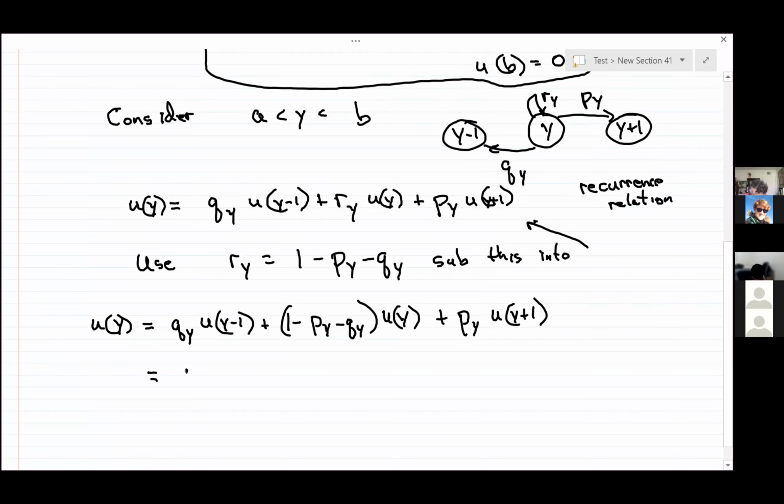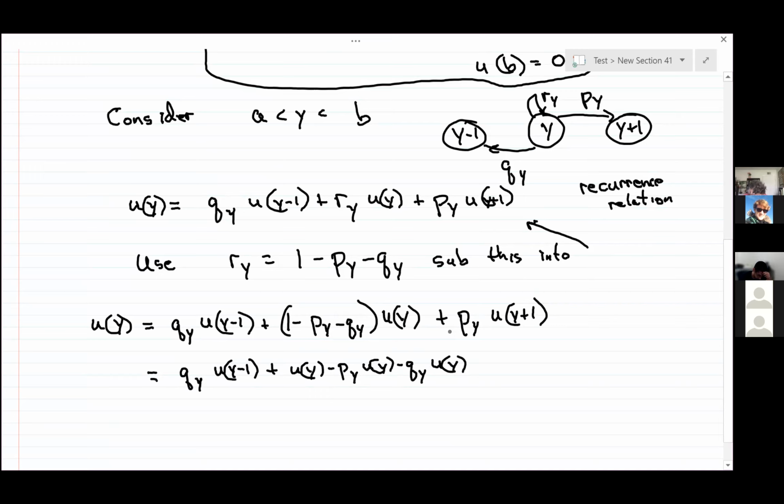So this one we'll leave alone, u times u of y minus 1. But this, we can multiply u of y times each of these three terms. So this times this, we're just distributing, is that, and then minus p sub y, u of y, and then minus q sub y, u of y.